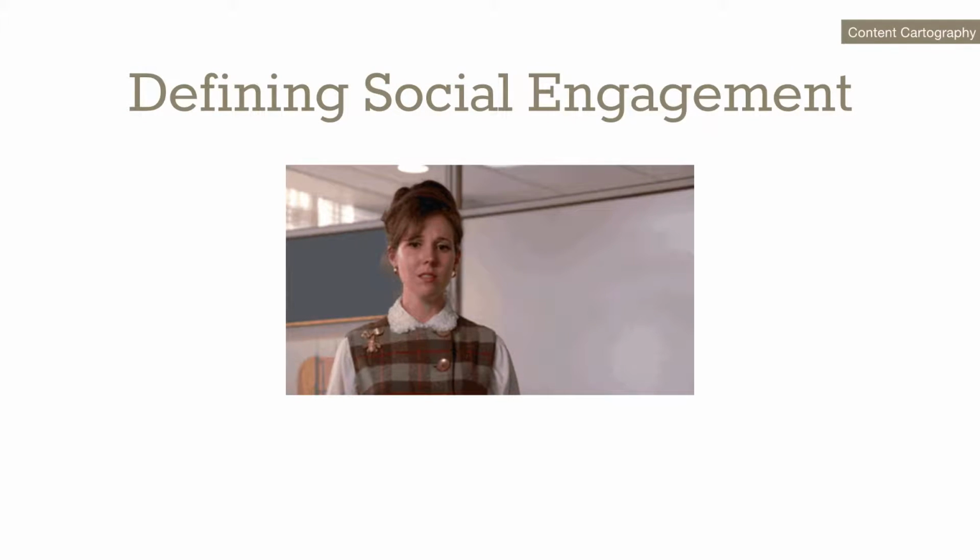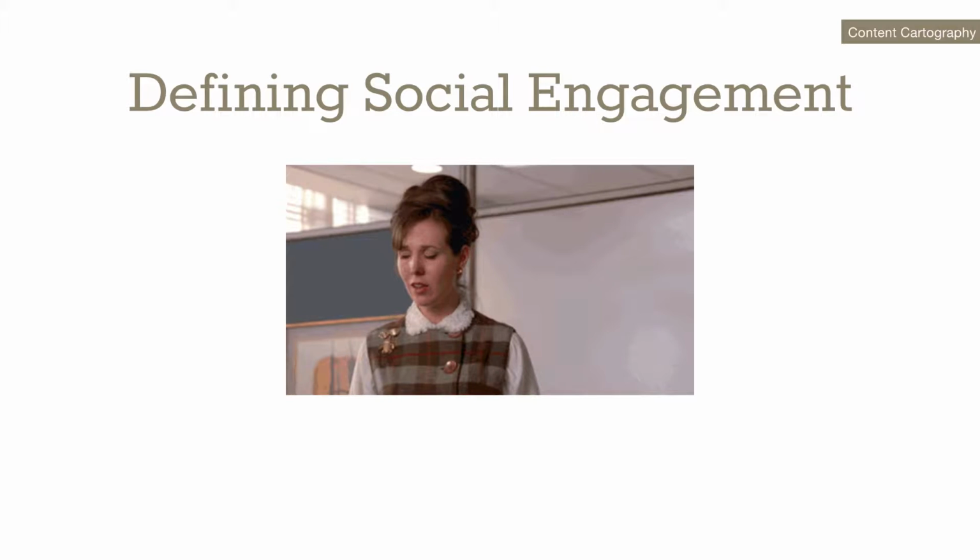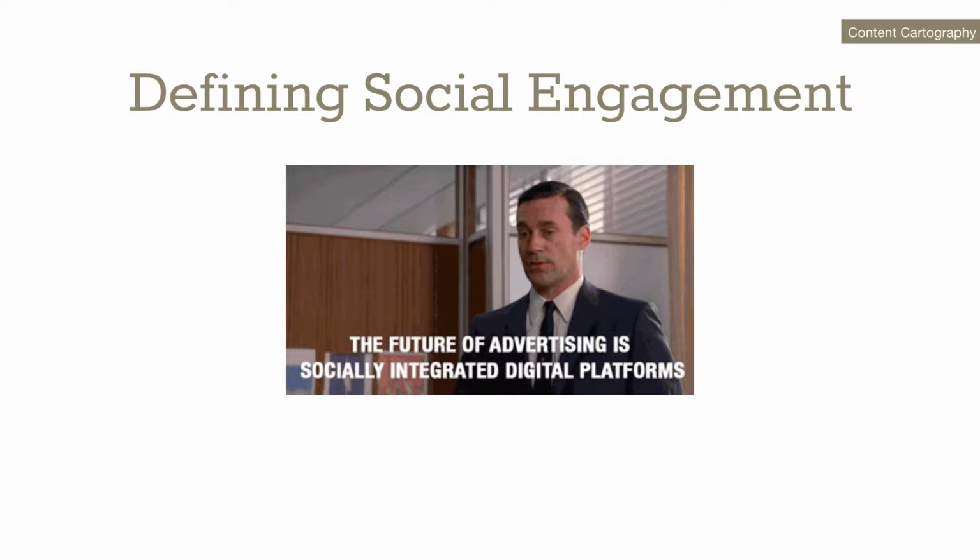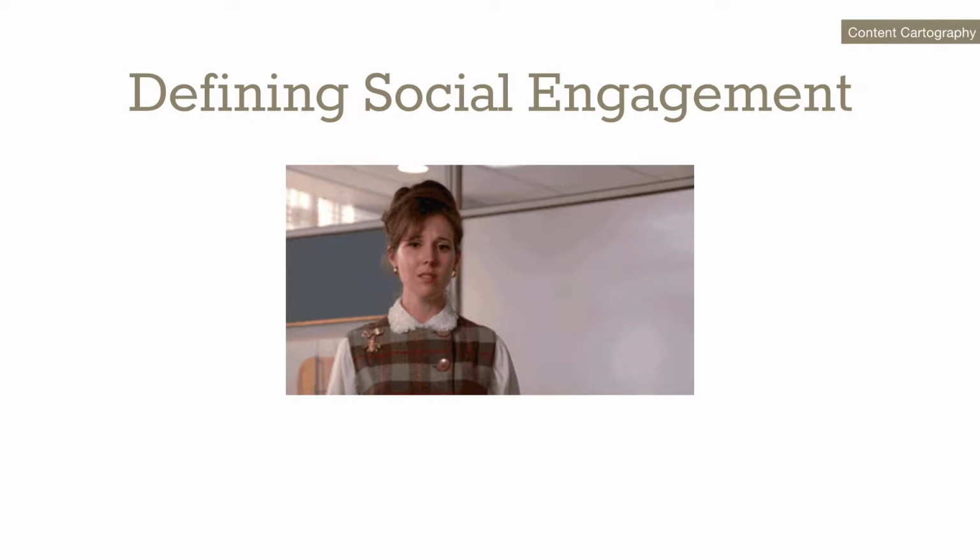So let's kind of jump into it. Let's talk about how to define social engagement. Building healthy social communities is, for us, all about participation and sharing. It's about being targeted and appropriate and using the right content types for that specific channel.